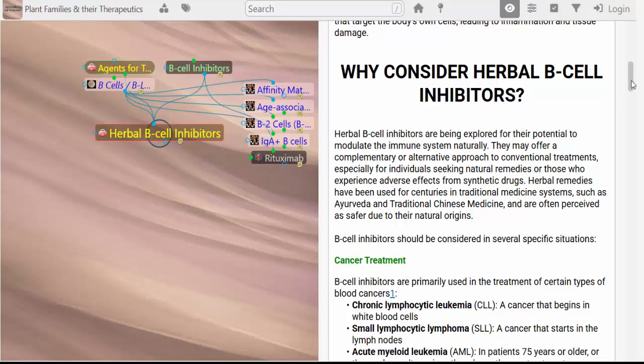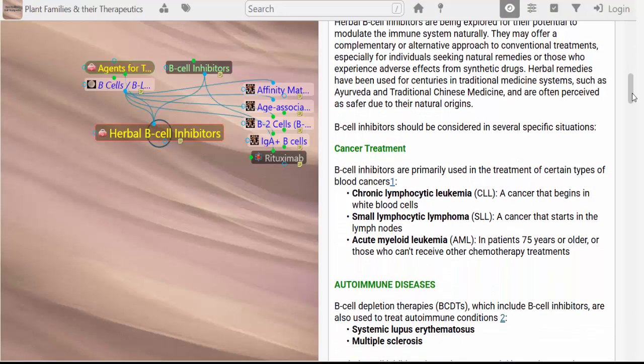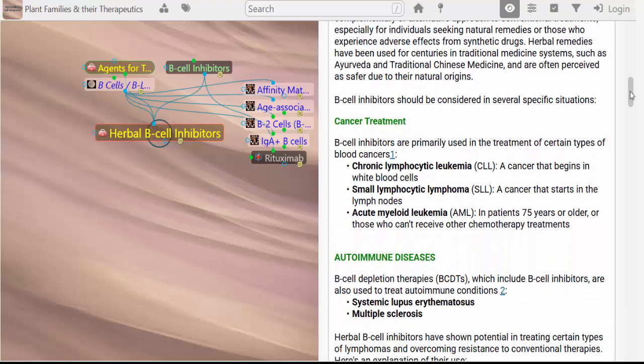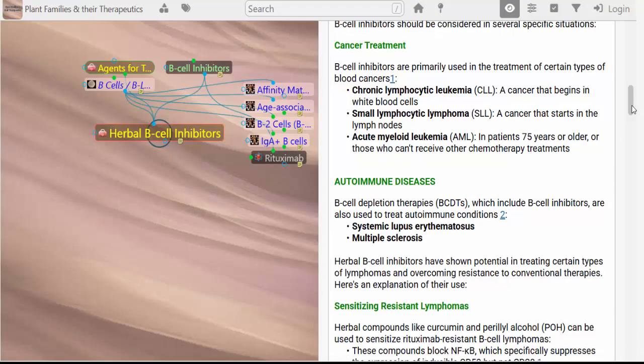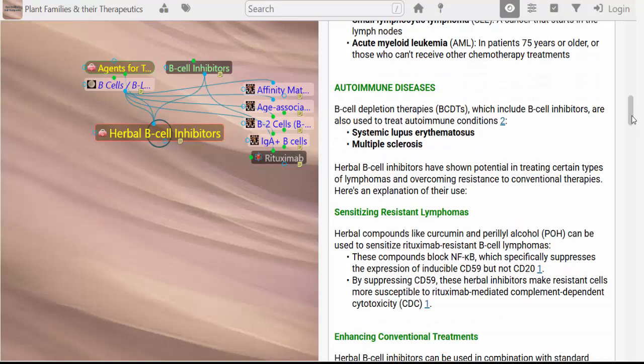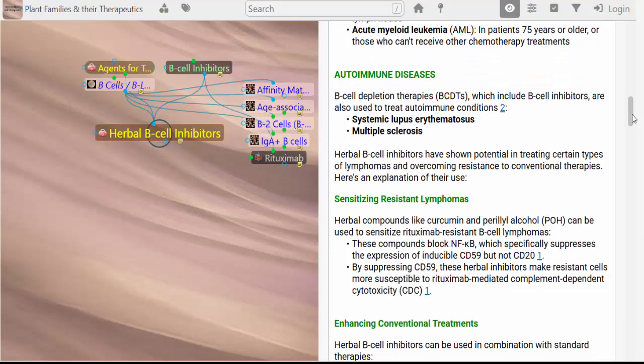Now, when would you want to use a B cell inhibitor? For cancer treatment, B cell inhibitor drugs are primarily used in the treatment of certain types of blood cancers, like chronic lymphocytic leukemia, small lymphocytic lymphoma, acute myeloid leukemia. Also for certain autoimmune diseases.